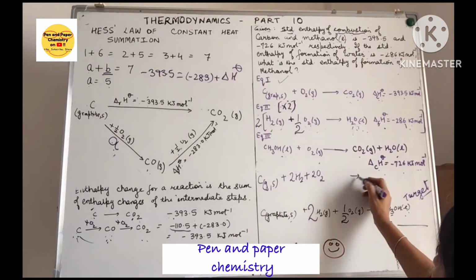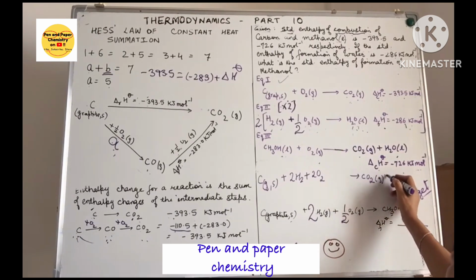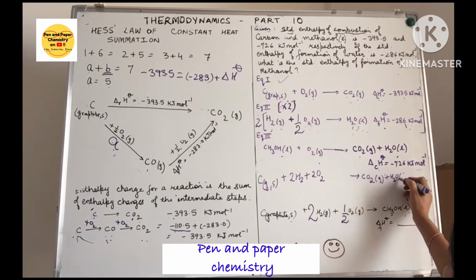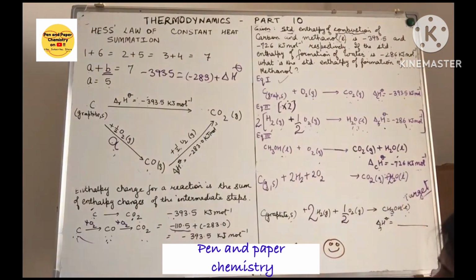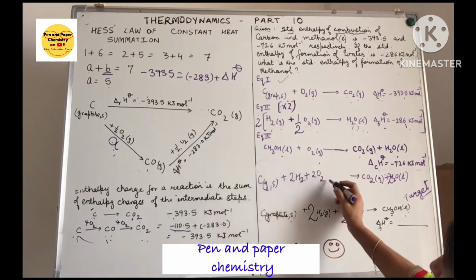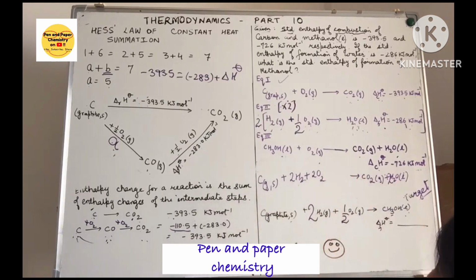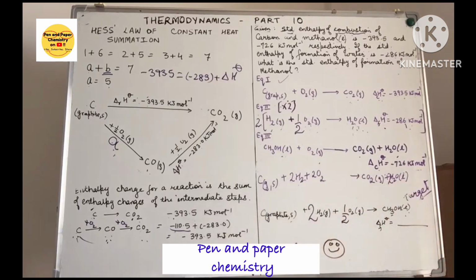At the same time, on the right hand side, we've got carbon dioxide gas, water liquid, and how many water liquid? We've got 2 water liquid, right? Here I have not put the standard states. It should be understood. Now, in this overall process, I'm getting carbon, hydrogen, but I haven't got methanol on to the right hand side. There are 2 ways that you can do.